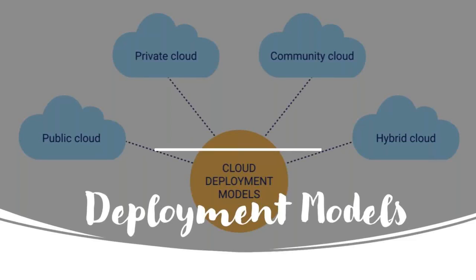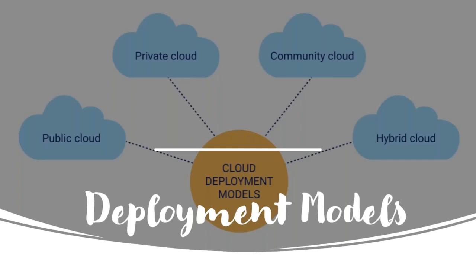The very interesting point is deployment models. Everyone clear about what is cloud computing? When you go to cloud deployment models, we have different models: public cloud, private cloud, community cloud, and hybrid cloud.